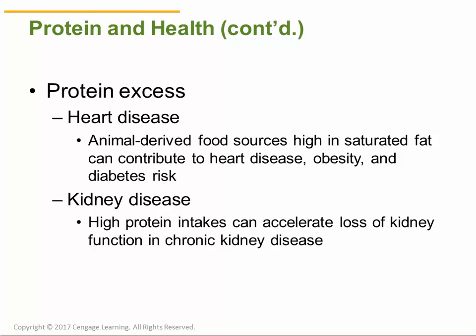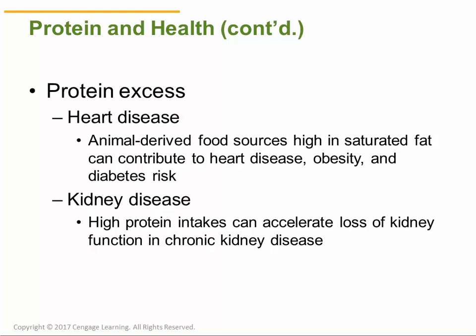Okay, as far as with protein excess, we all know that protein, particularly, you can get different types of protein. You can have your lean protein, you can have your medium fat, low protein, you can have your high fat. And typically your proteins are notorious, particularly from animal proteins, as being high in saturated fat.